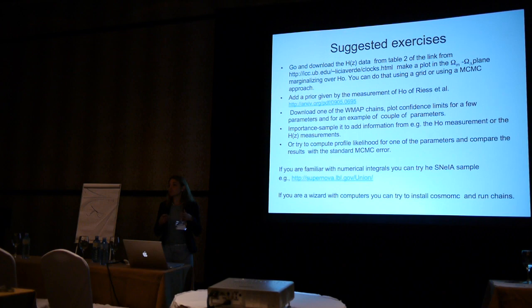So imagine I wanted to do WMAP plus H naught, but I did WMAP alone, so I didn't include the P for H naught also, and I want to add it. So what do I do?